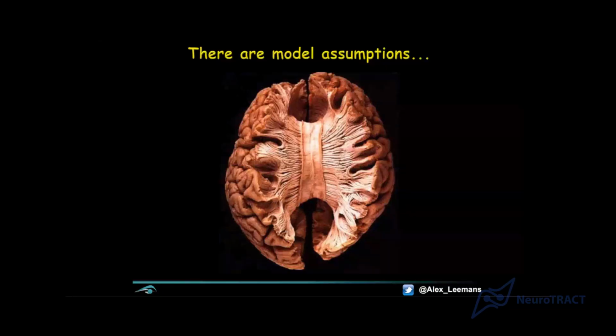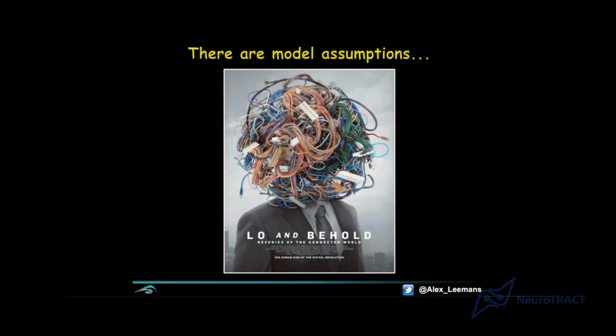In addition to this error propagation, there's also the model assumptions. I mentioned to you before, with diffusion tensor imaging, we are assuming that our diffusion profile is Gaussian, that the molecules spread like an isoprobability surface in a Gaussian fashion. If you look at the brain, we see these spaghetti-like structures, these cables.